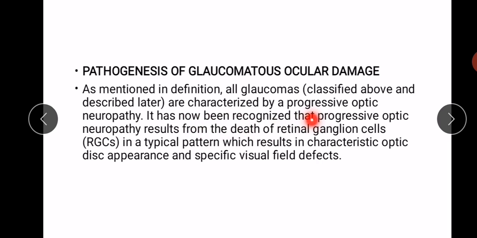It has now been recognized that progressive optic neuropathy results from the death of retinal ganglion cells. Retinal ganglion cells are destroyed in a typical pattern which results in characteristic optic disc appearance, that is optic disc cupping, and specific visual field defects.